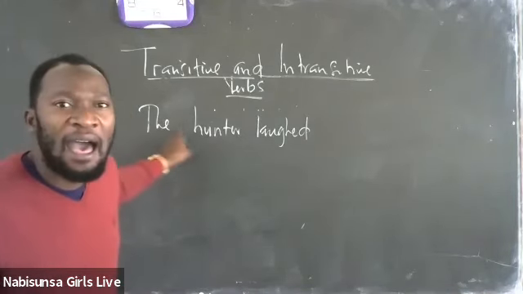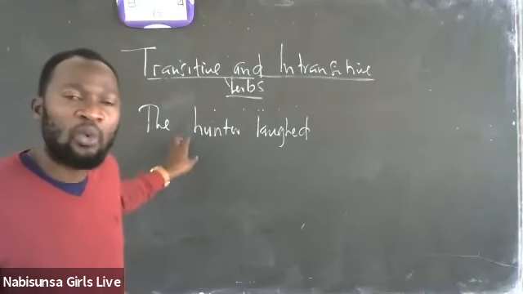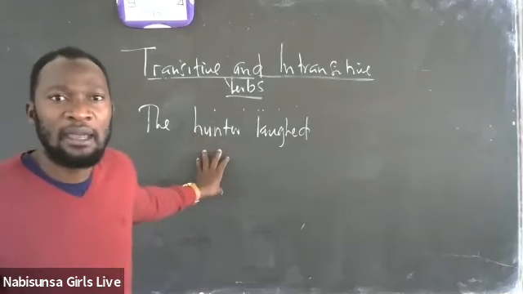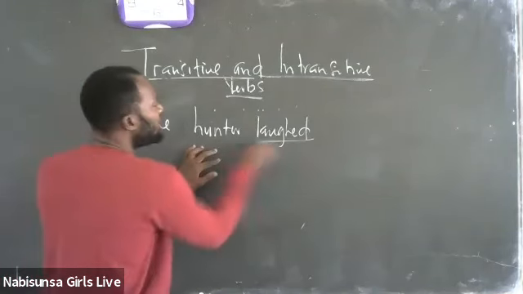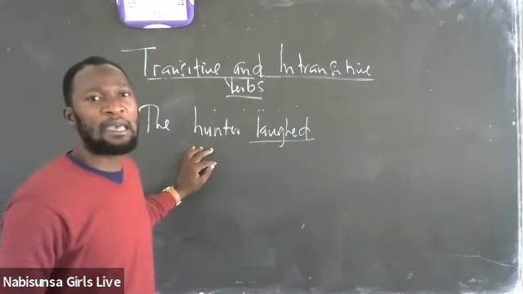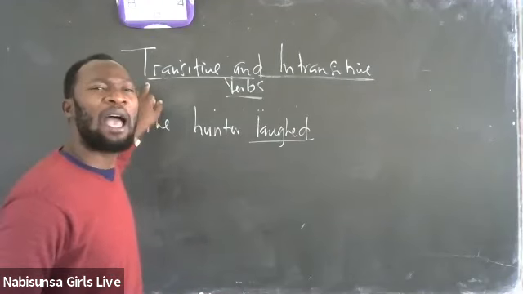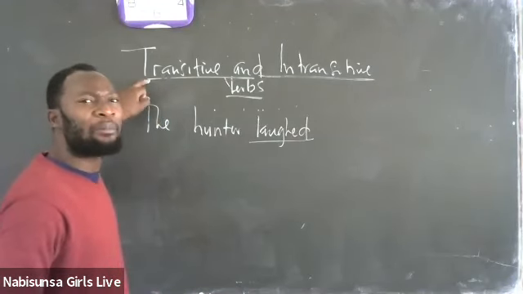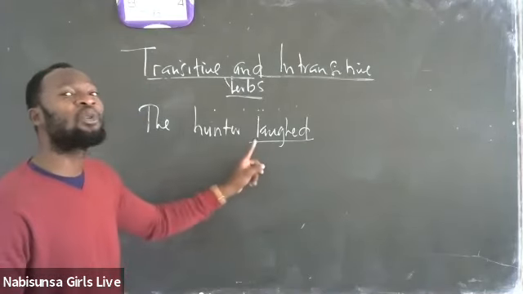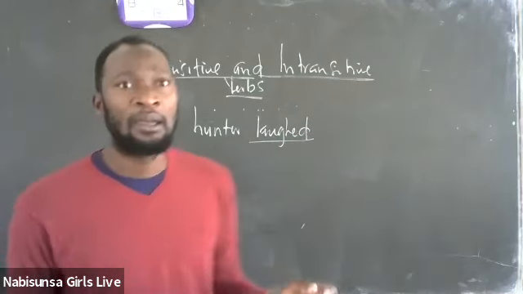Now, where we have the hunter laughed, this one here does not require an object. This sentence here is complete. Therefore, this verb here, laugh, is not a transitive verb. Why is it not a transitive verb? Yes, it does not require an object to make it complete.